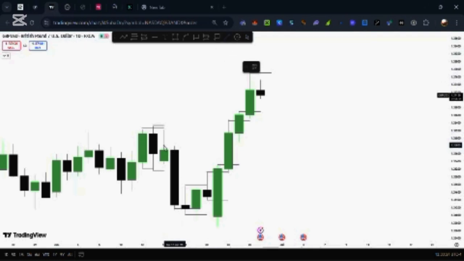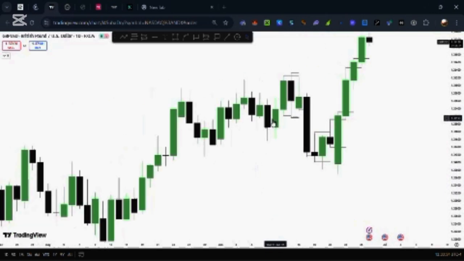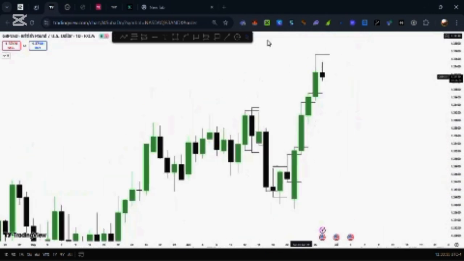This shows that price is fractal and a setup can fail; it's not really a given. I just marked out that low and price took it out. Let's look at further examples.